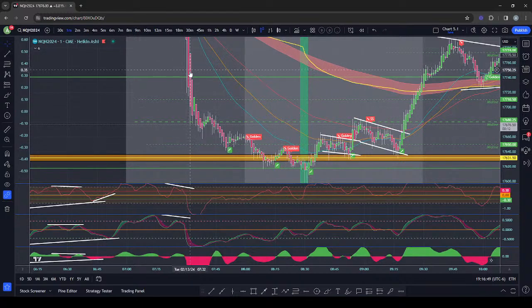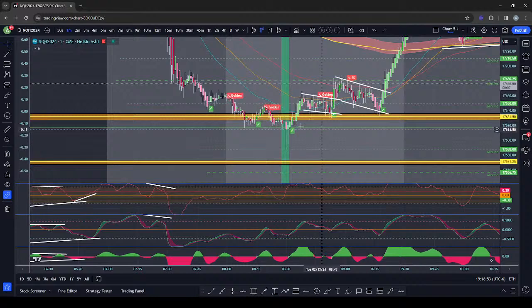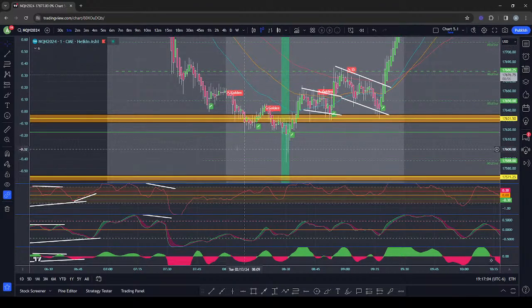Look what happens as price just kept going. It went right down to this pivot. I think it's the S2 pivot, right down to here, and right at the New York Open, which is at 8:30, right here, this long wick.